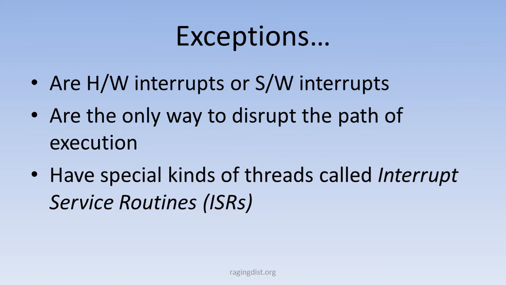So an exception is the only way to disrupt this path of execution. And when an exception happens, the execution will go off and process something called an interrupt service routine, an ISR, which is another piece of code which is reserved for execution when that exception happens.